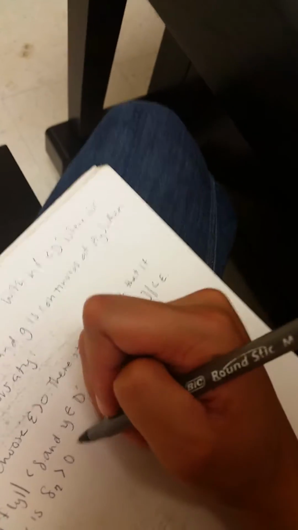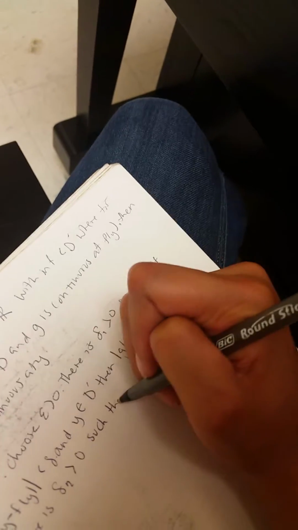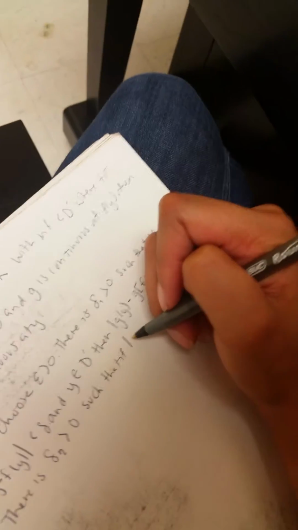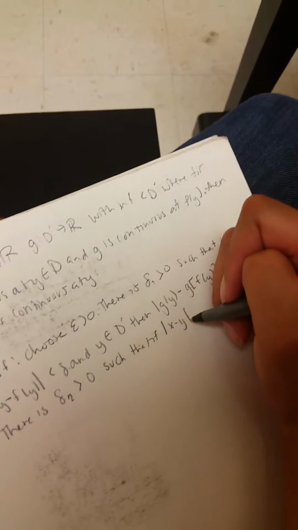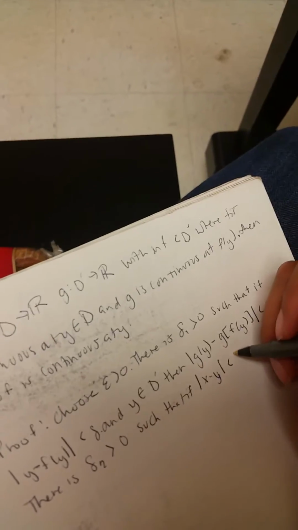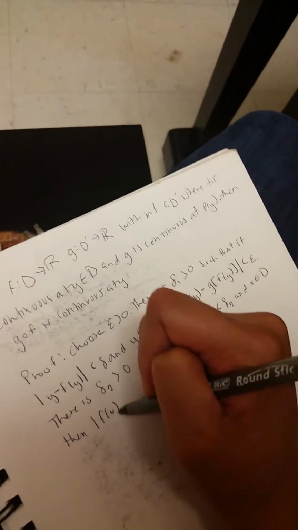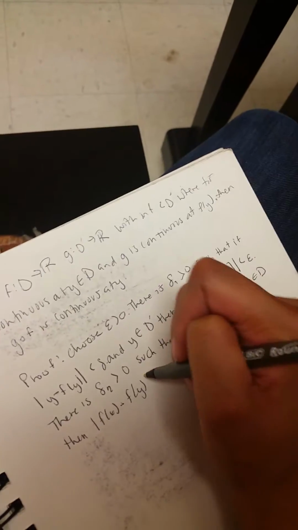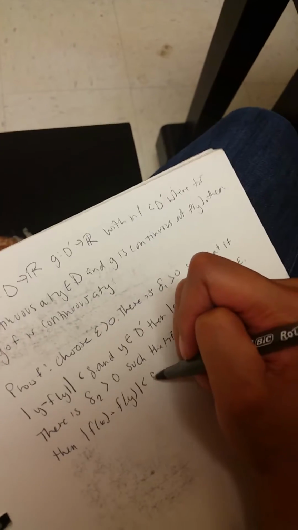Now there is a delta 2 which is greater than 0, such that if the absolute value of x minus y is less than delta 2 and x is in the domain, then the absolute value of f of x minus f of y is less than delta 1.